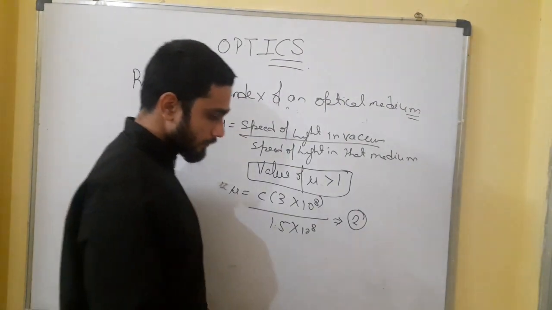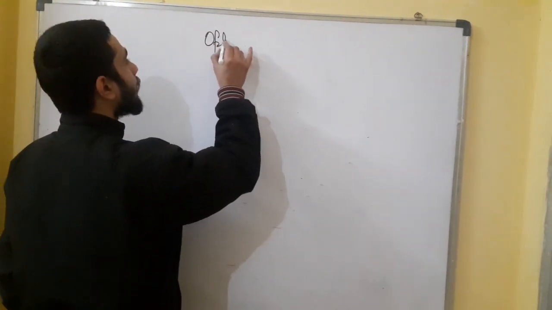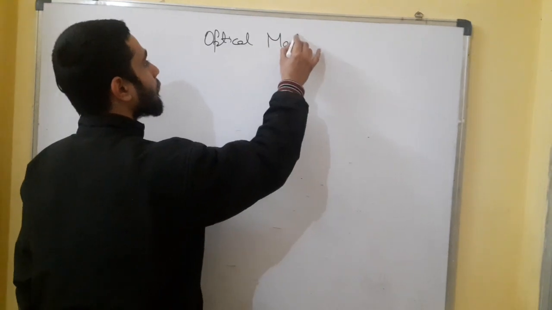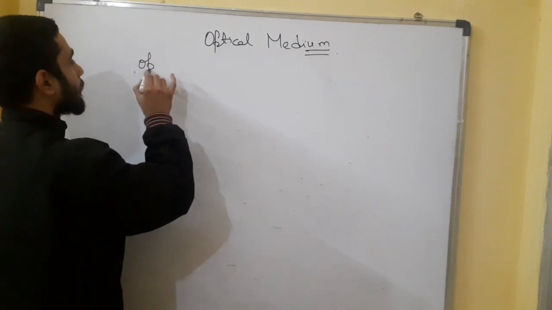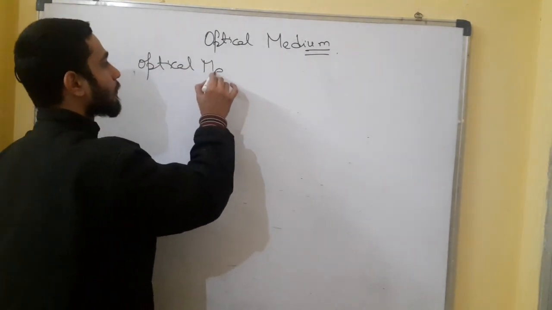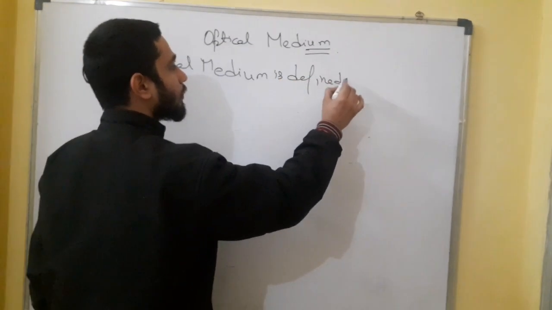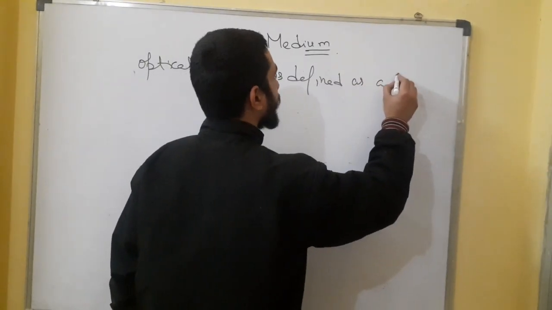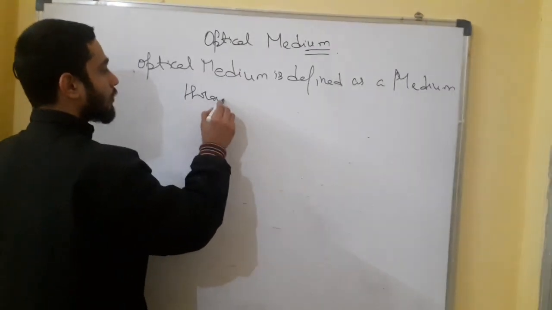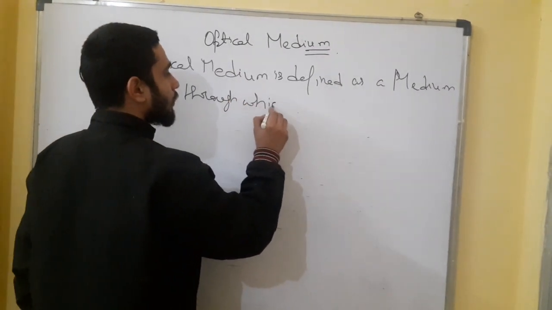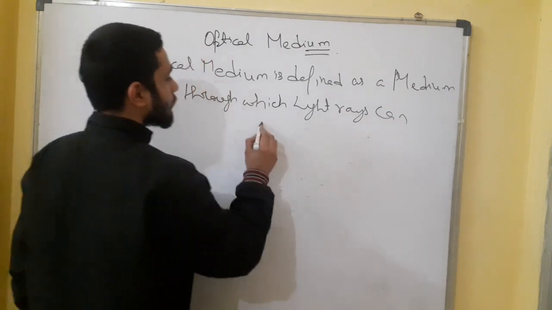Okay. So what is an optical medium? An optical medium is defined as a medium through which light rays can pass.